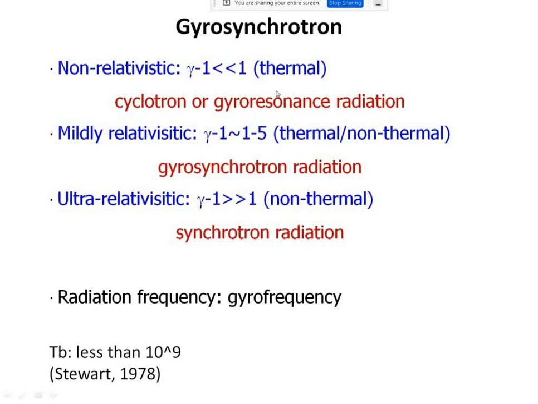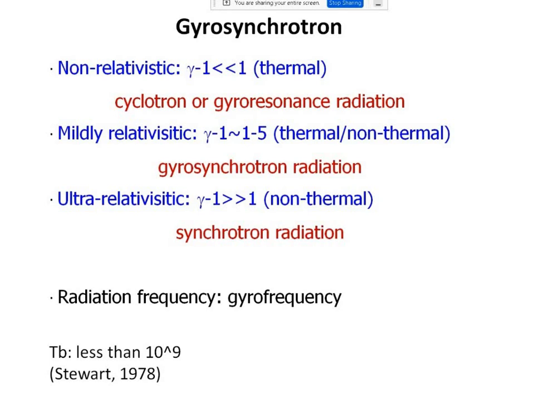For non-relativistic electrons, it's a thermal emission, which is cyclotron or gyro resonance emission. For mildly relativistic electrons, it can be both thermal and non-thermal emission. So this is the gyrosynchrotron emission.